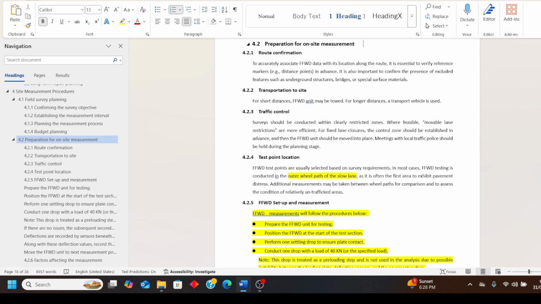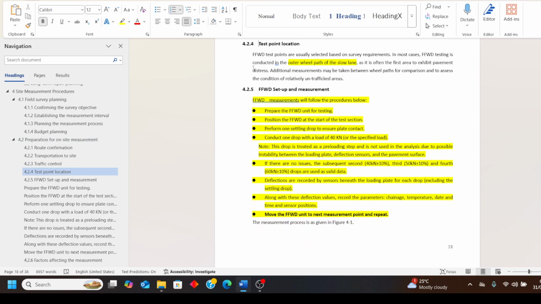So in route confirmation, first we verify the changes and exclude the structures, for example, the bridges, and then we ensure proper referencing with distance markers. And then there is transportation: for short distances, FFWD can be towed, but for longer distances, it should be transported by vehicle. And then there is traffic control, like work in the restricted zones. Movable lane closures are preferred, and it is very important to coordinate with the traffic police as well.